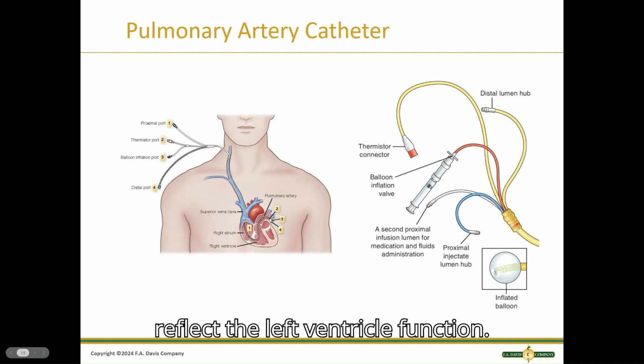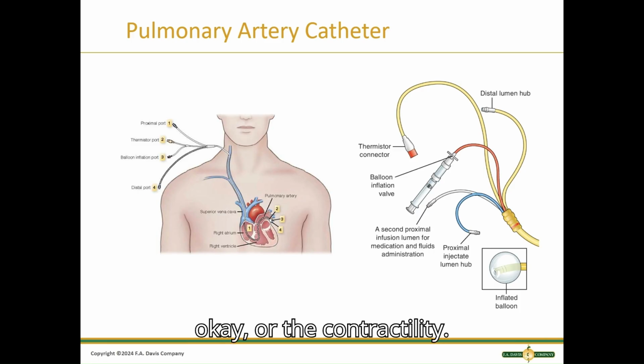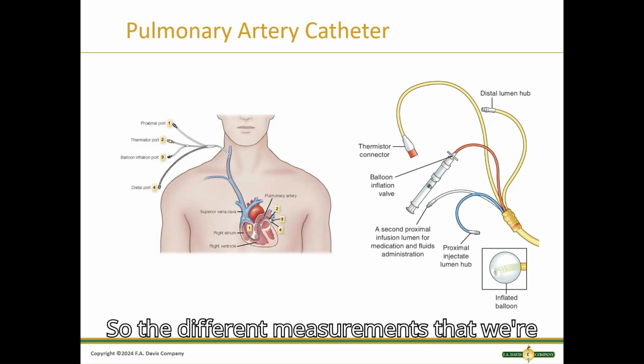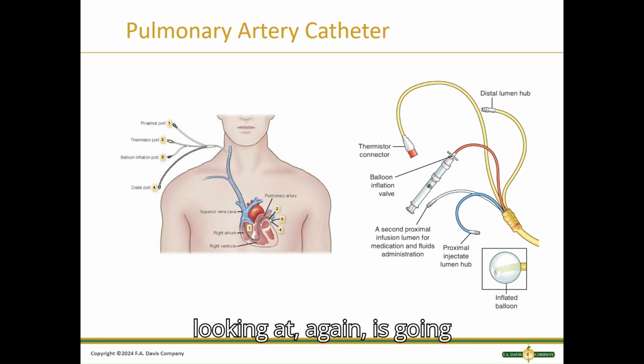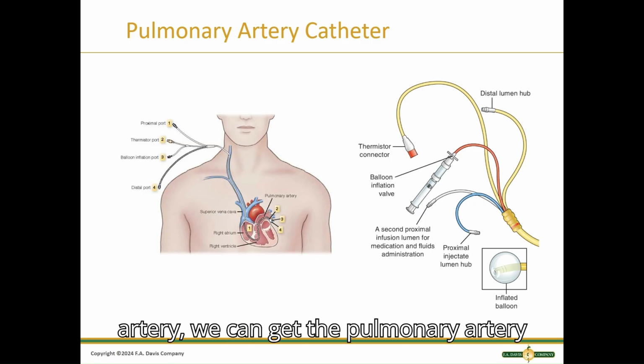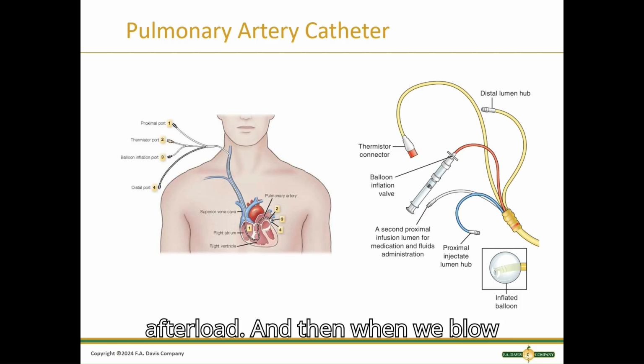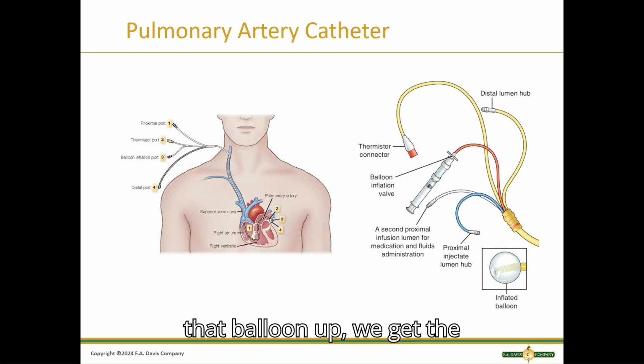It's going to help measure your pulmonary artery pressures, which is your right atrial pressure, your CVP, and that's taken at that number 1 as you see in your picture. And then as it goes into the right ventricle and goes up into the pulmonary artery, we're going to be able to get the reflection of the left ventricle. So as it has gone up into that pulmonary artery, we blow up a balloon, as you see here in the picture.